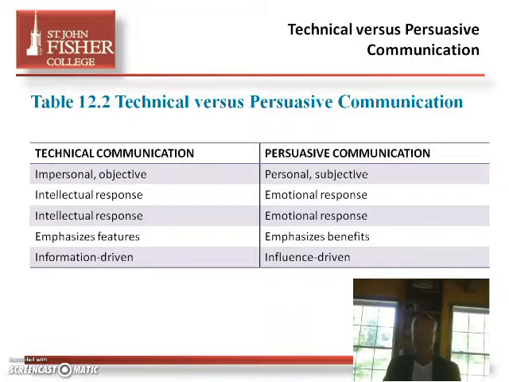Whereas technical is very intellectual, information driven, spec driven. So these are the two: technical versus persuasive communication. Oftentimes, in talking to somebody who is very technically sound, they are persuaded more by the technical aspects, the specs. How does it work? How is it going to work? And things like that.